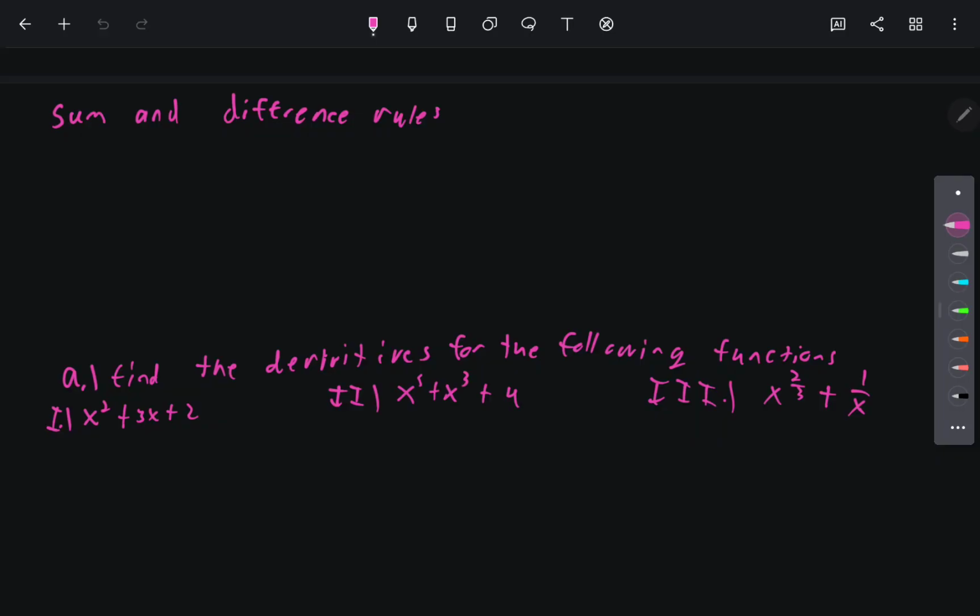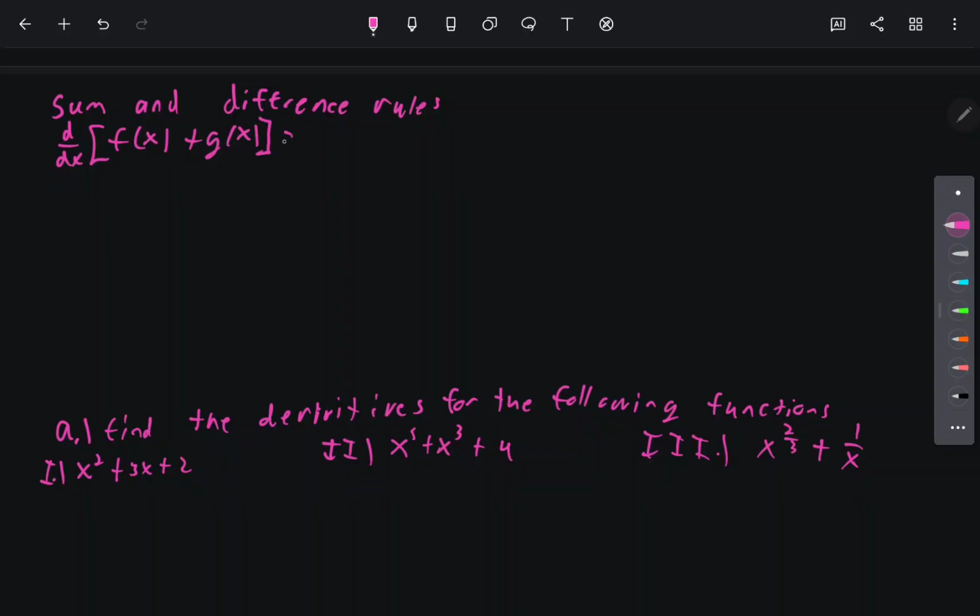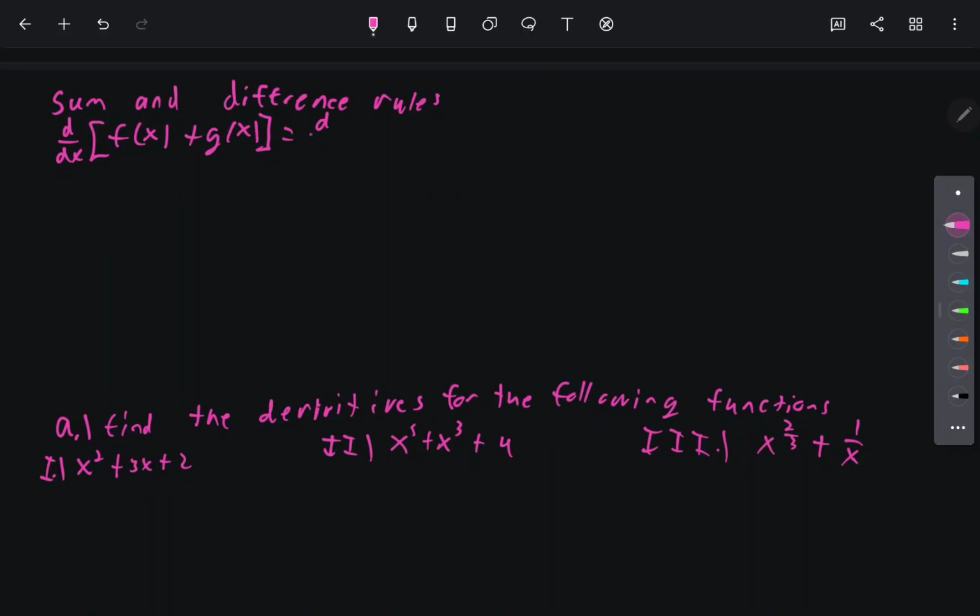So, the two following rules, and I might actually have to move these a bit further down. But that's all right. So, we are going to say the sum and difference rules. D over dx of f of x plus g of x is equal to the derivative of f of x plus the derivative of g of x.